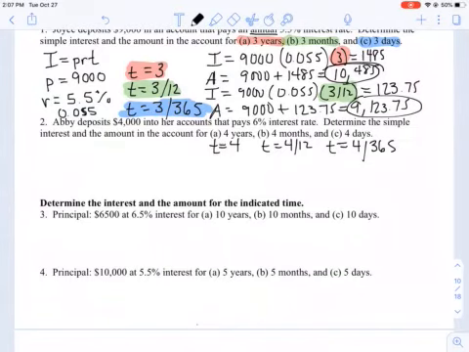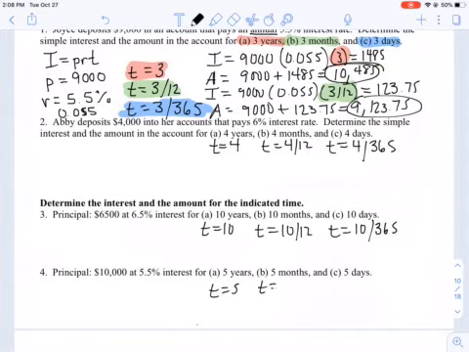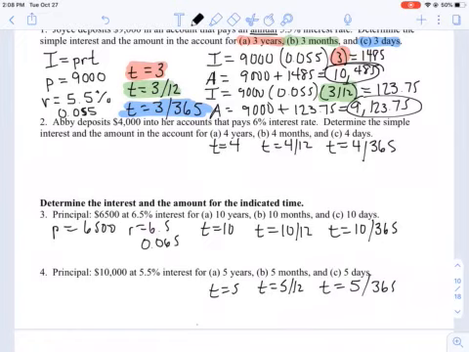Now on the next one, let's just write our times. 10, 10/12, 10 out of 365. T is 5, T is 5/12, T is 5 out of 365. And just for fun, this is P, and this is R. And don't forget, we want it as a decimal.